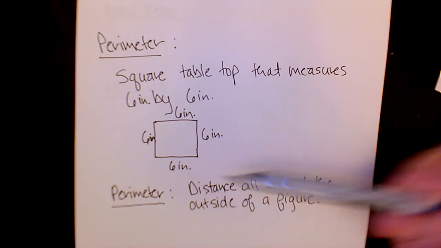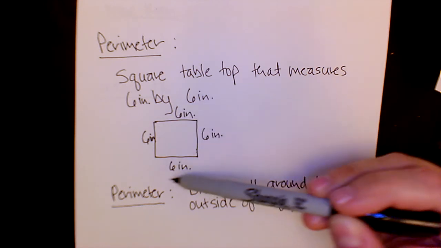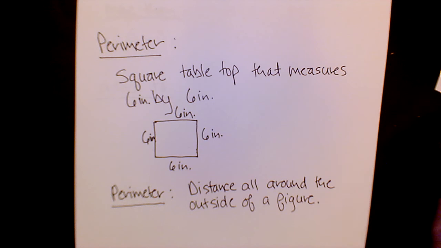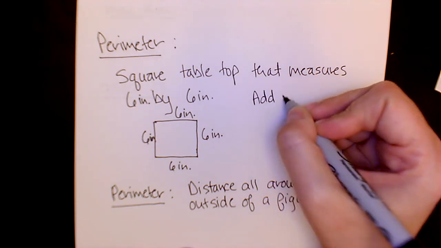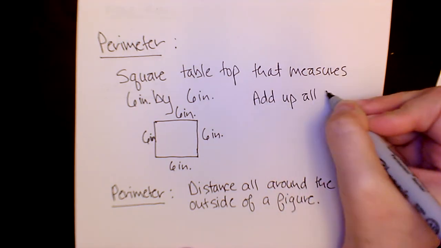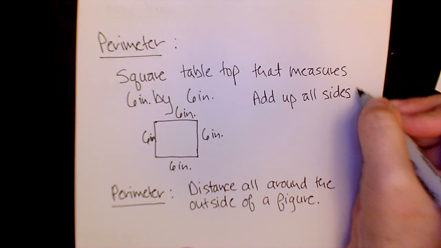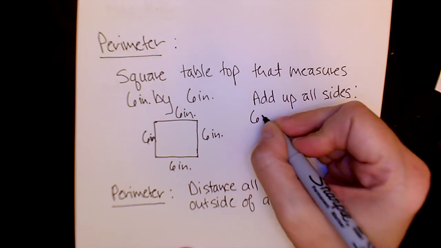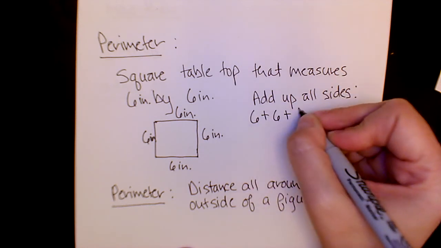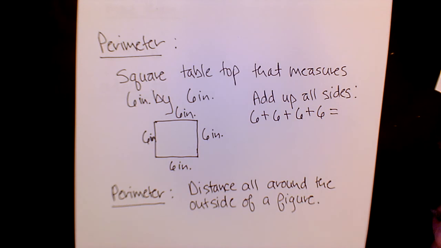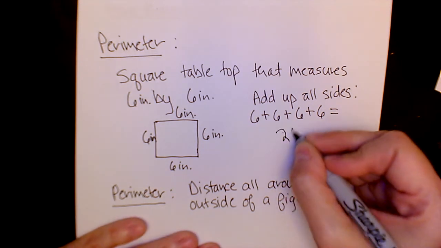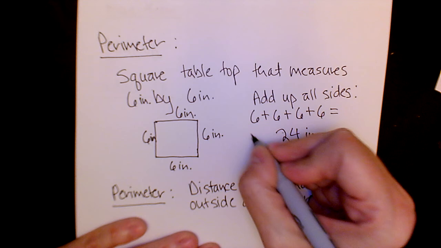So if I want to find the perimeter, I want to know the total distance all the way around this small tabletop. So what you want to do is add up all the sides. So we're just going to add 6 and 6 and 6 and 6. That's all we have to do. And that is 24 inches.